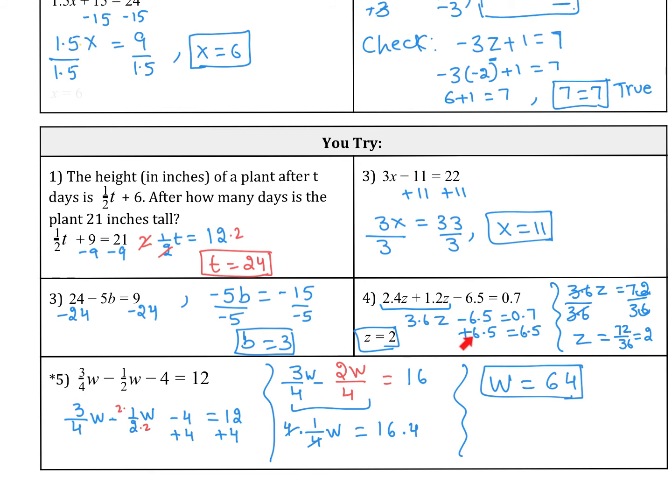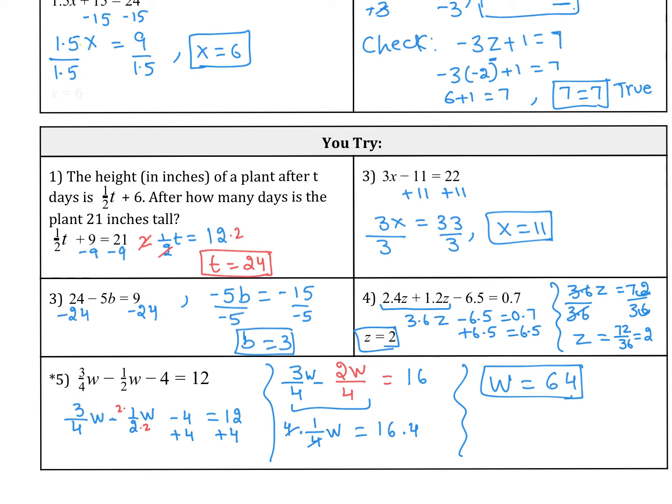This cancels, and you get 3.6z equals 7.2. So 7.2 divided by 3.6: move the decimal one place to the right for both top and bottom. You get 72 divided by 36, which is 2. So the answer is z equals 2.